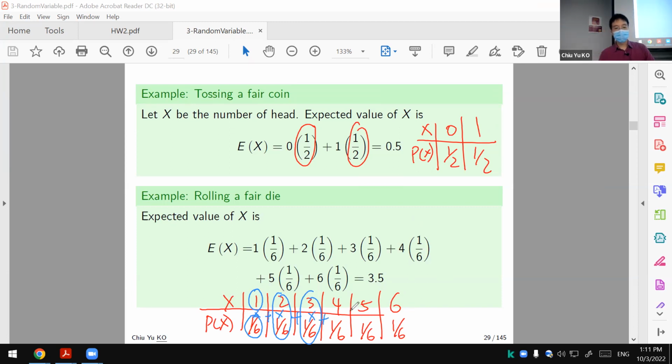I'm not going to do it for each one, but you know that's how you get the expression there. Actually the expectation is 3.5. So if you roll a die many times, the average of those numbers is 3.5, okay?